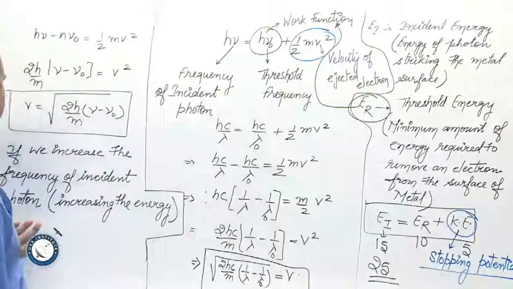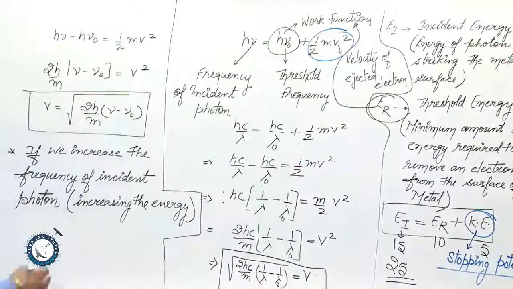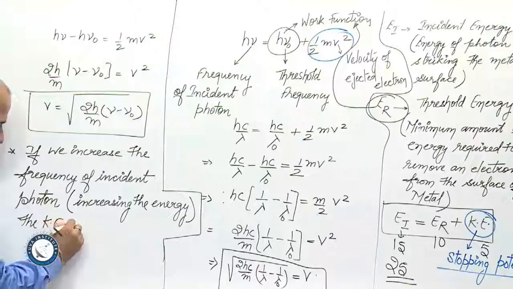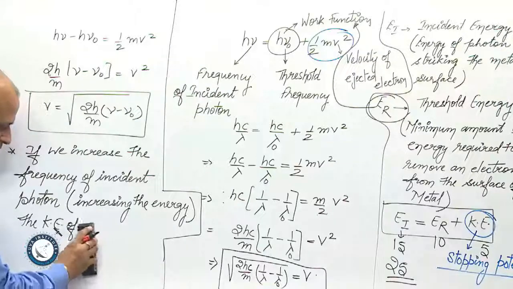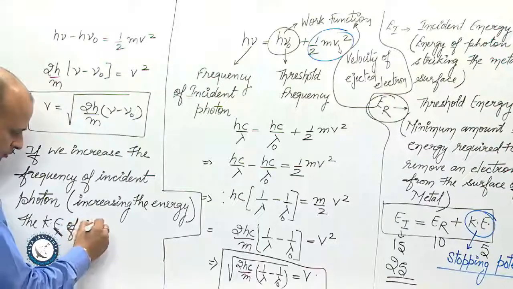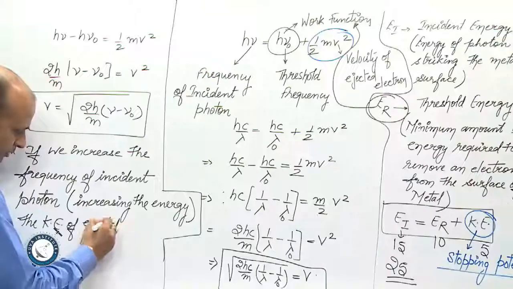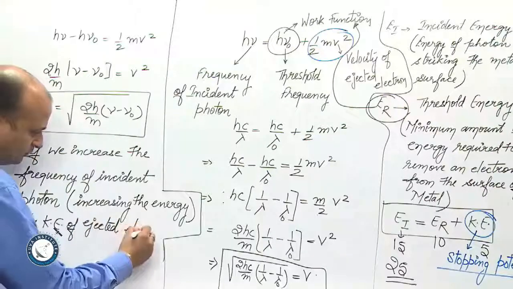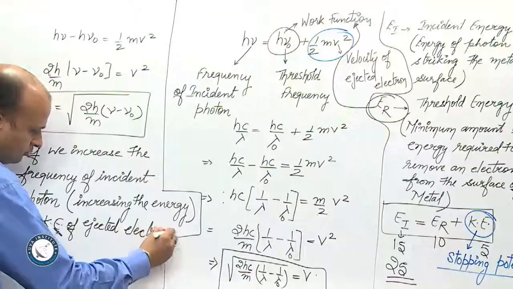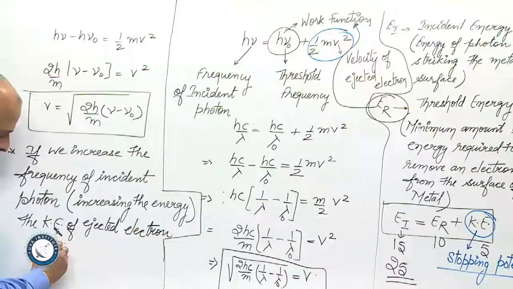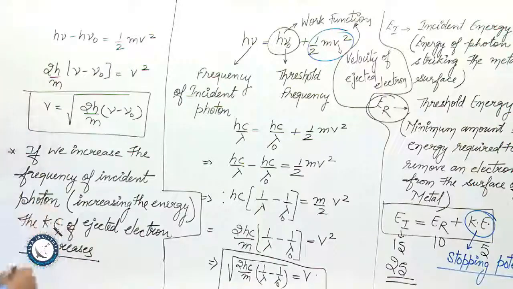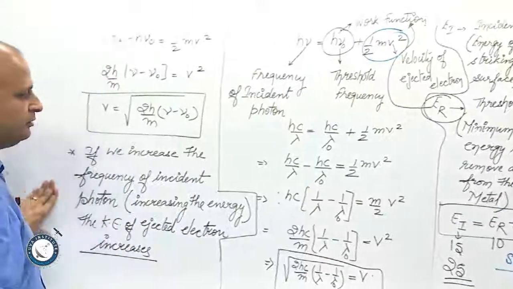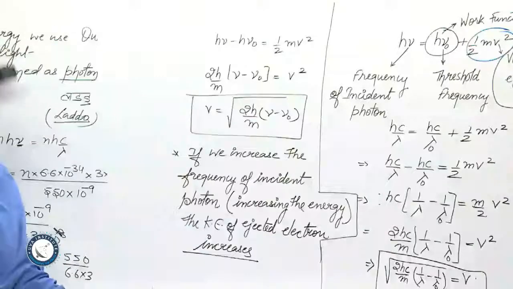So if you increase the frequency of incident photon, the kinetic energy of ejected electron increases. Okay, fine. I hope all of you have understood this point.